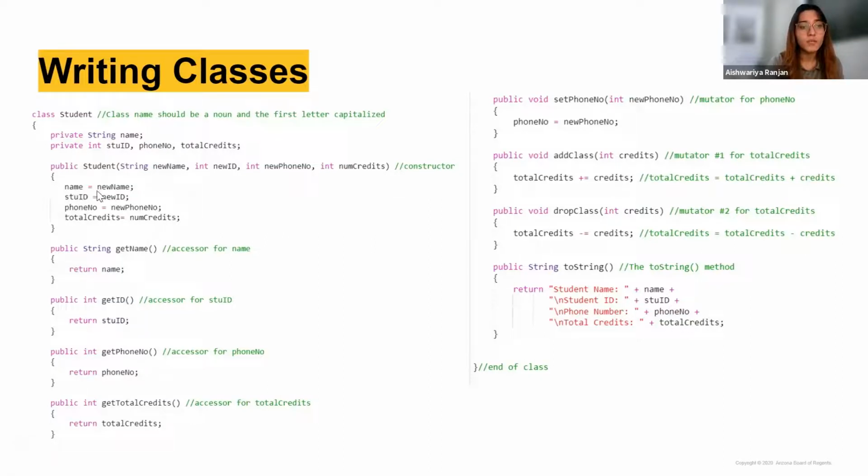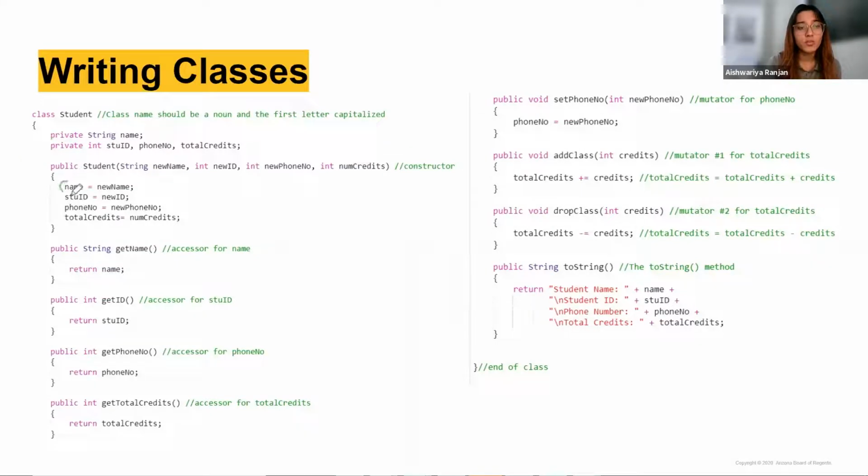So the name, this name over here, the variable declared in the class, would get the new name. Assignment happens from the right to the left. So this new name over here comes from this. When this class is called, the new name over here is this one, and it will be assigned to the name over here, which is your private variable.